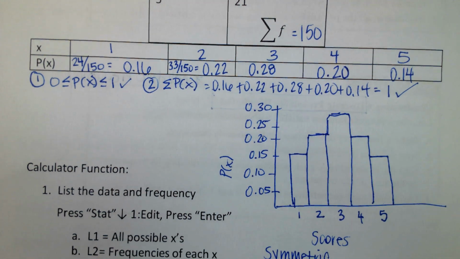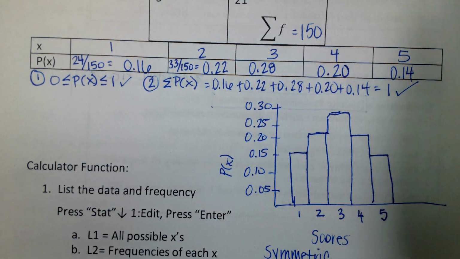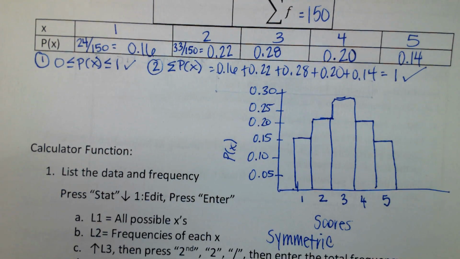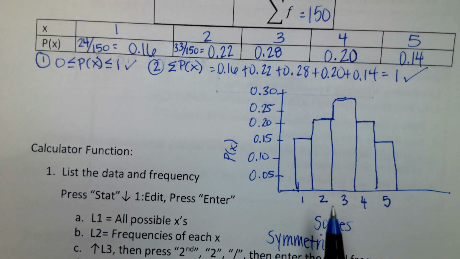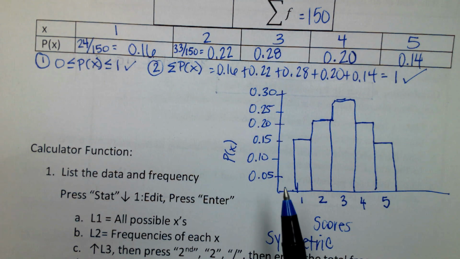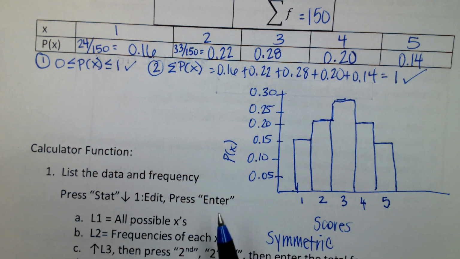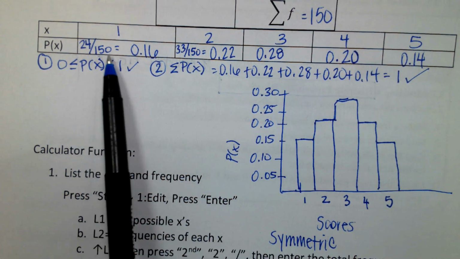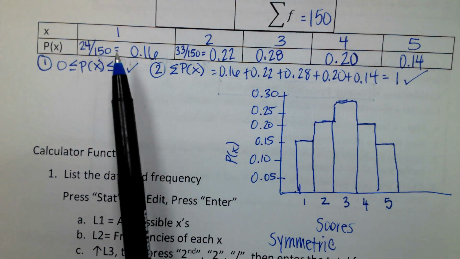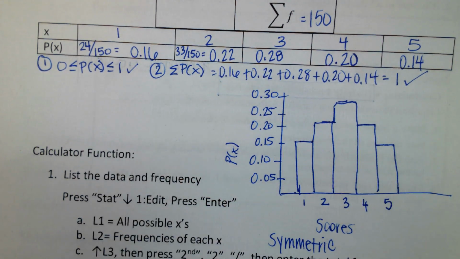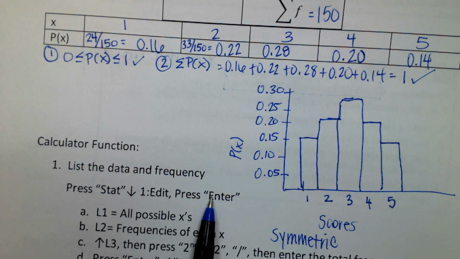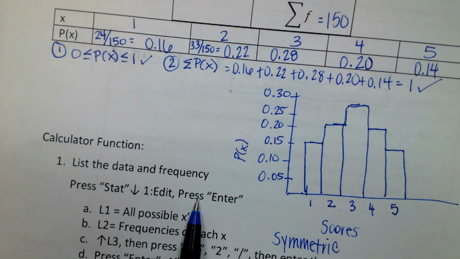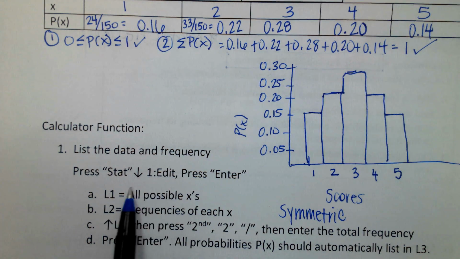Okay, so I have a calculator function down here to tell you how you can use your calculator to calculate all of your discrete probabilities at one time. We did everything manually, but let me show you how you can click through the calculator. Stat edit to put our information in. Remember, L1 is always our x's.